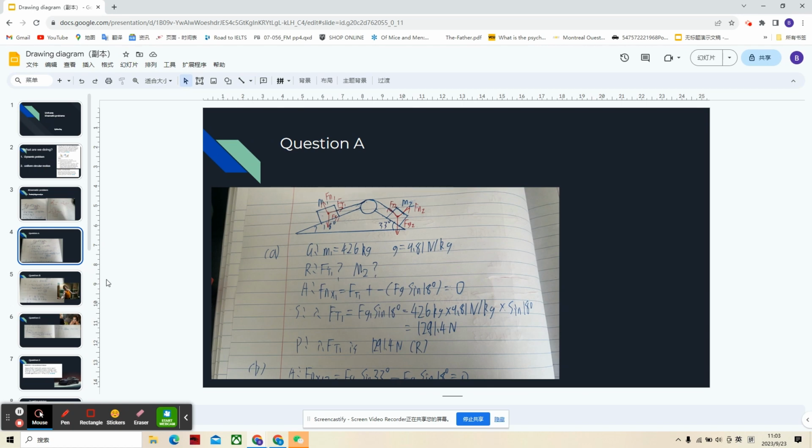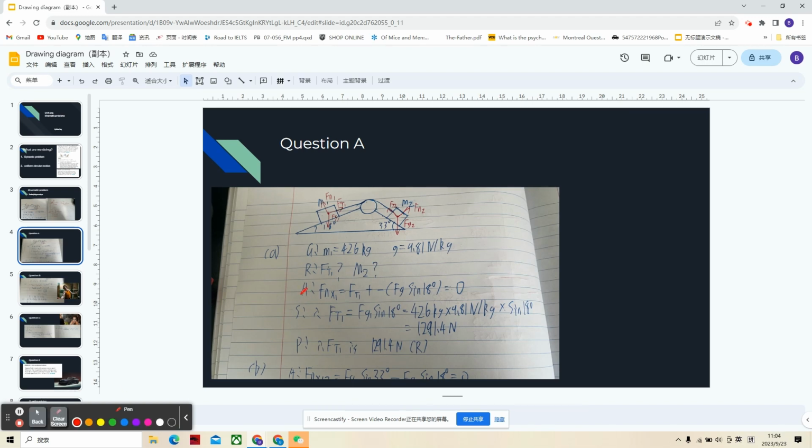For question A, it asks for the force of tension, and the given conditions are M1, which is 426 kilograms, and small g, which equals 9.81 newtons per kilogram. Let's solve the question.